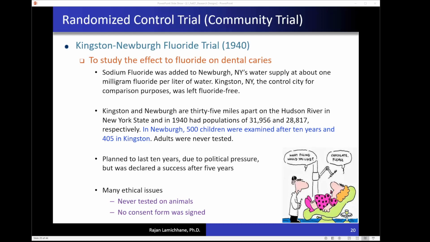That's why even though it was planned for 10 years, it was stopped after 5 years. 500 children from Newburgh and 405 children from Kingston had their teeth examined, and it was found that sodium fluoride was good for dental hygiene.